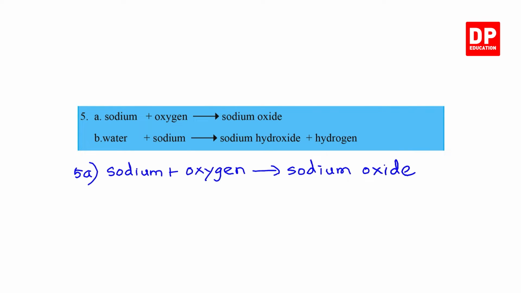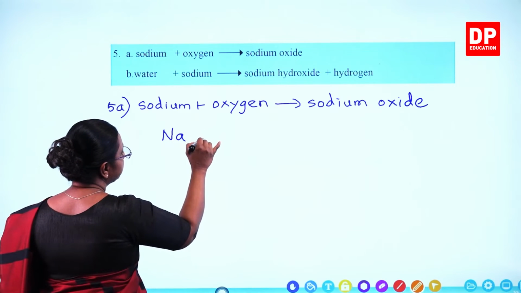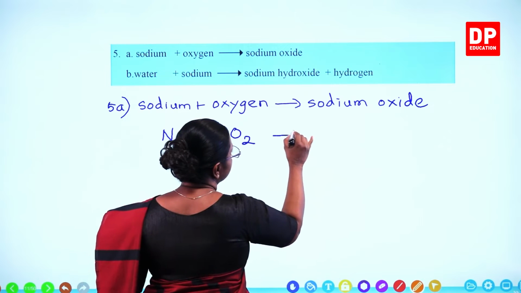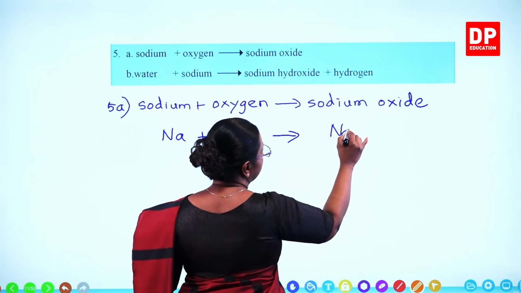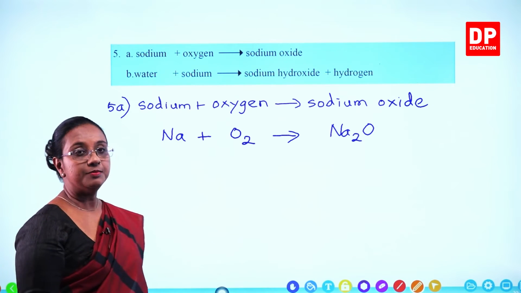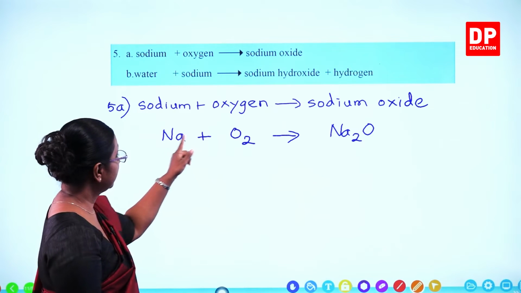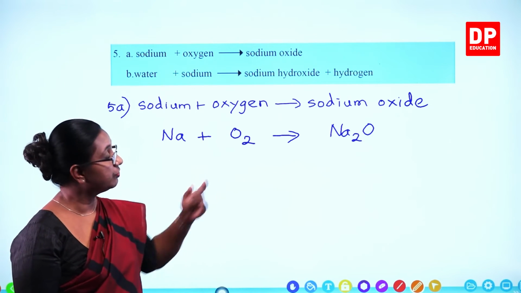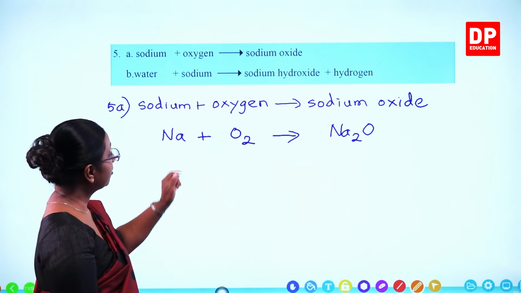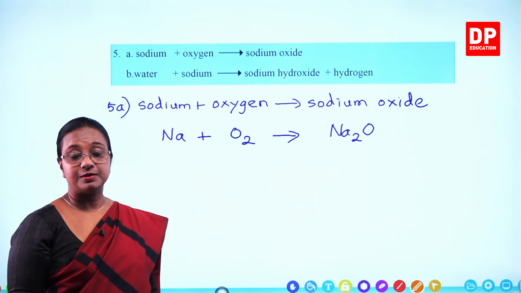So if we write the symbols and chemical formula, sodium Na, oxygen is O2, you know it's O2 gas, gives rise to Na2O, sodium oxide. What type of a reaction is this? Sodium combines with oxygen to form sodium oxide. Chemical combination. So now to balance, there's one sodium, there are two sodium atoms there.